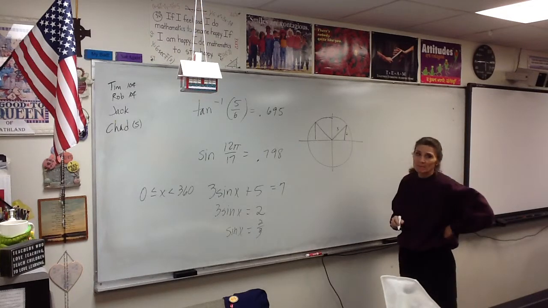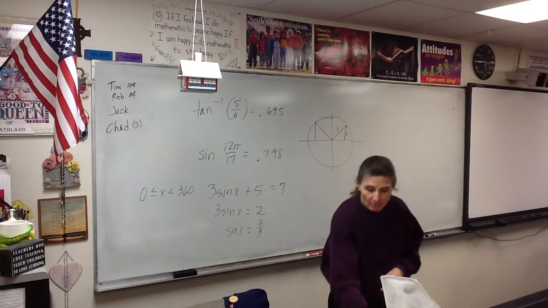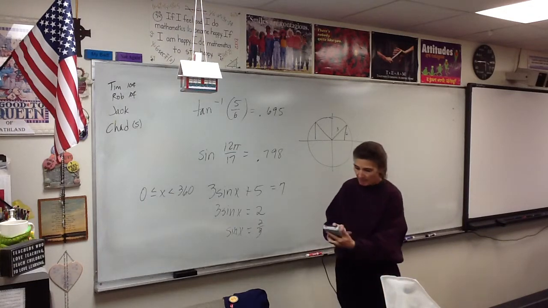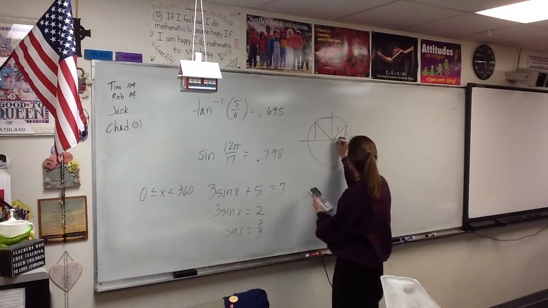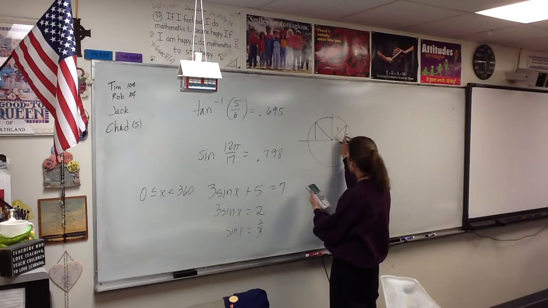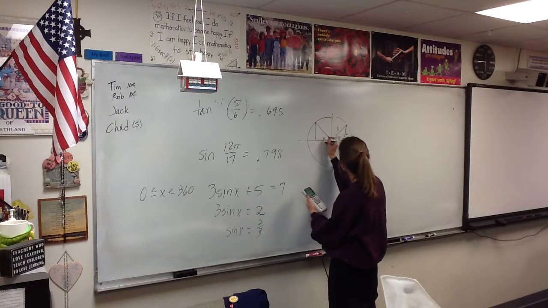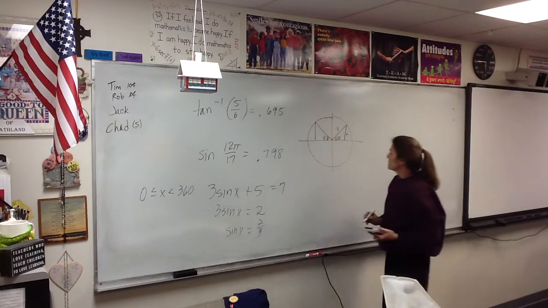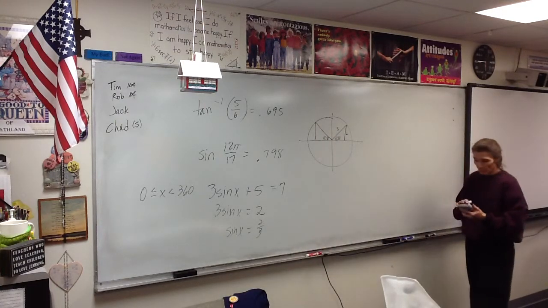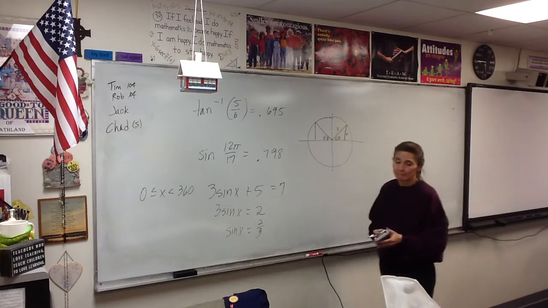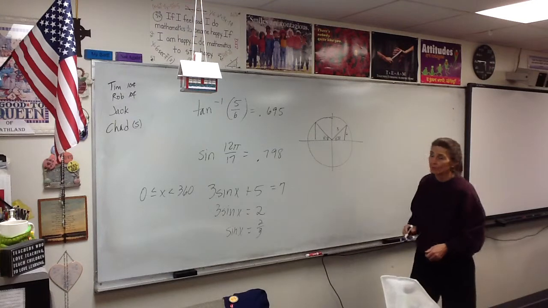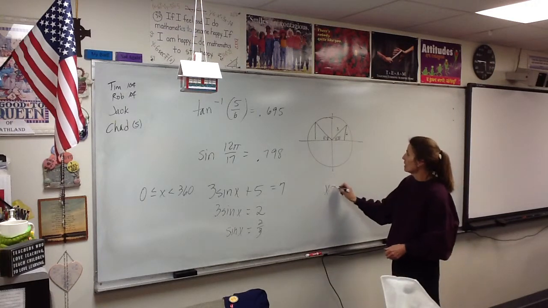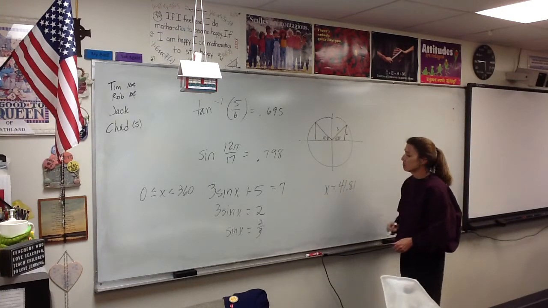That is not one of my special triangles, so I'm going to go to my calculator since I'm allowed, and I'll type second sine 2/3. And I get 41.81. So the angle in degrees is 41.81. That angle is in quadrant 1 and quadrant 2. In quadrant 1, the answer would be 41.81.